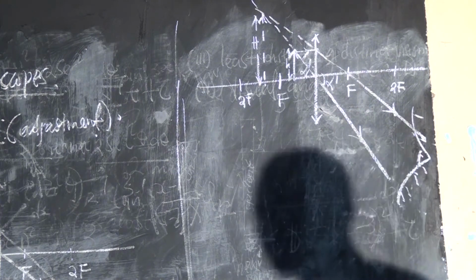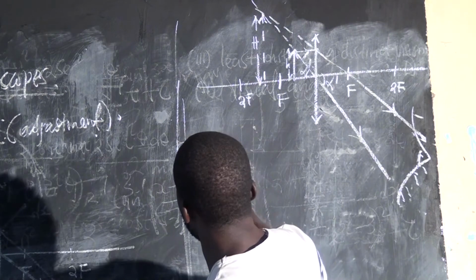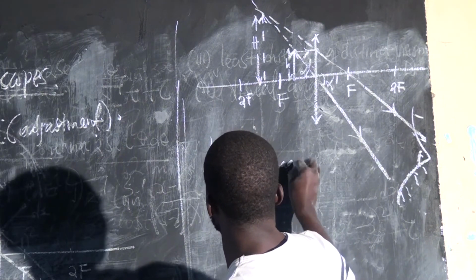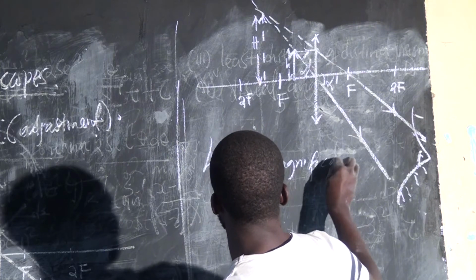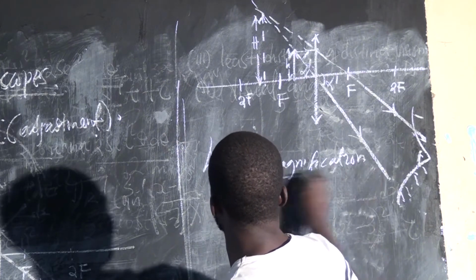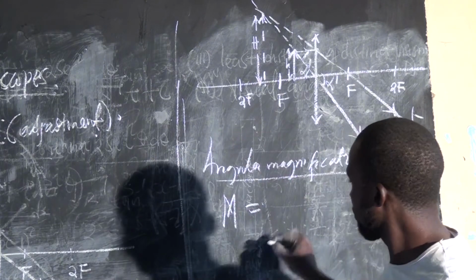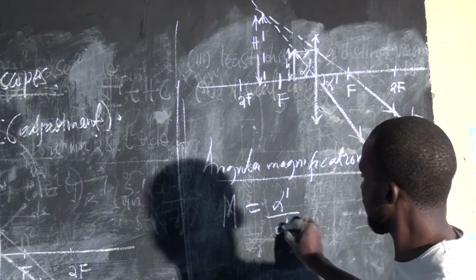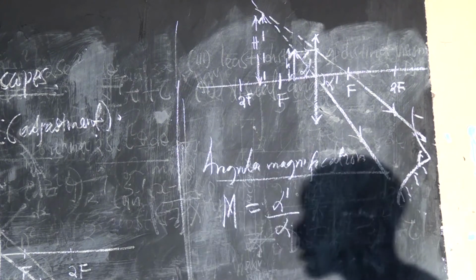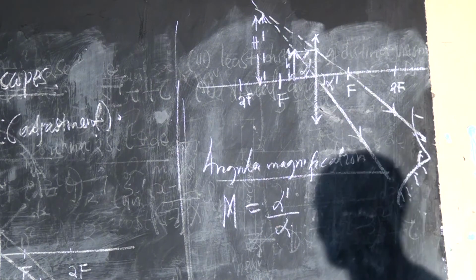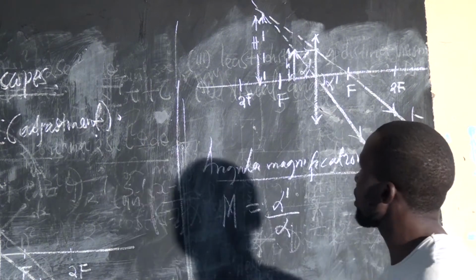Now if you wanted to derive the angular magnification, because we discussed earlier that angular magnification, capital M, is the ratio of alpha prime over alpha, where alpha prime becomes the angle subtended by the image to someone's aided eye, and alpha becomes the angle subtended by the object to someone's naked eye.